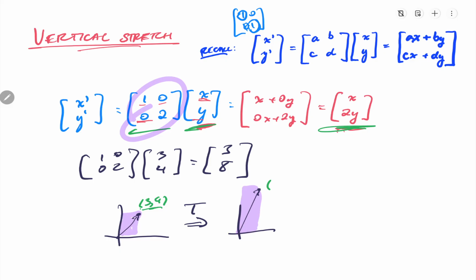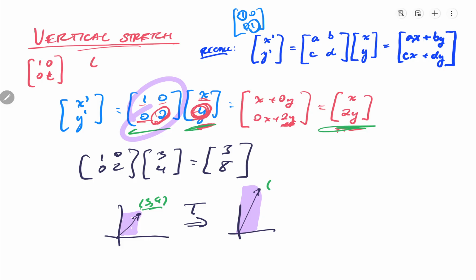So, the general form for this, once again, let me switch my pen back. This would be our identity matrix, but the number that gets multiplied by the y value of our input directly is the one that gets changed as our stretch factor.